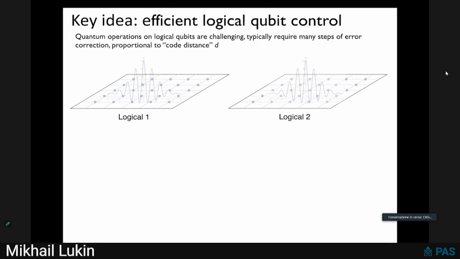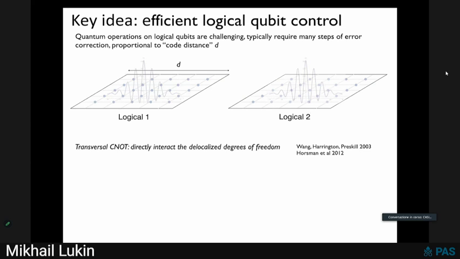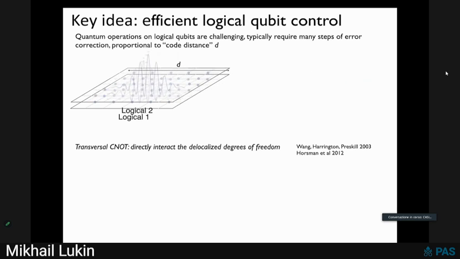And that's actually very challenging. In fact, to make it fault tolerant, you have to constantly measure these ancillas. You basically need to do what's called d rounds of error correction, where d is a linear dimension of the system called distance. But instead, what one can do is just move them on top of each other, and then do something which is called transversal CNOT.